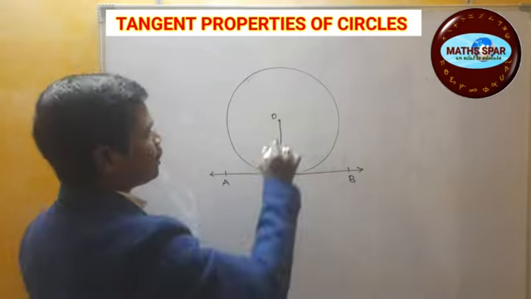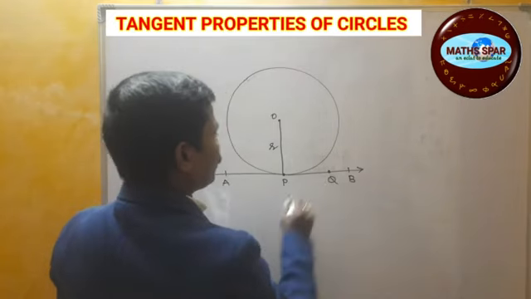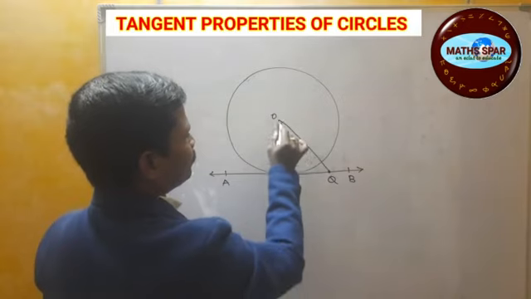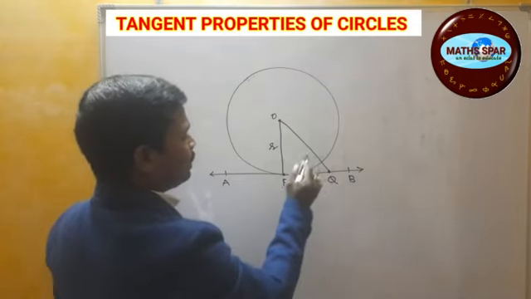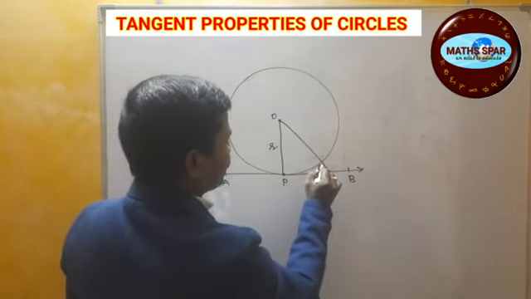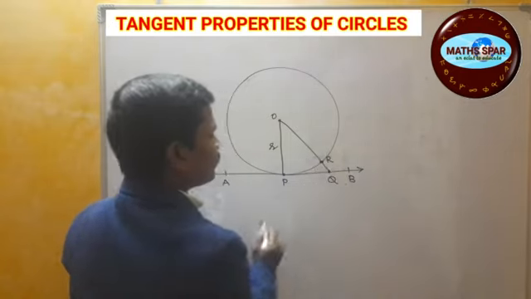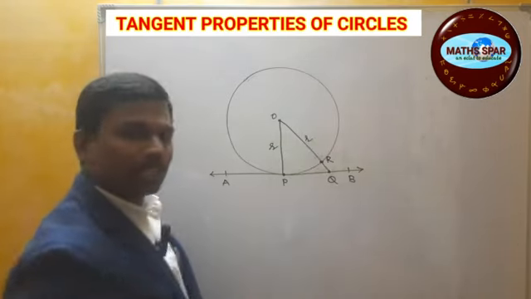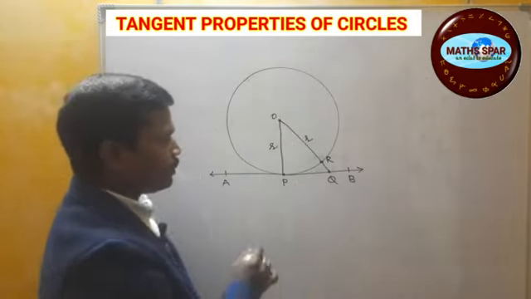Then if I mark some point Q here and join this to the center of the circle, I find that there is some point R, which says that OR is the radius of the circle and OP is also the radius of the circle here.